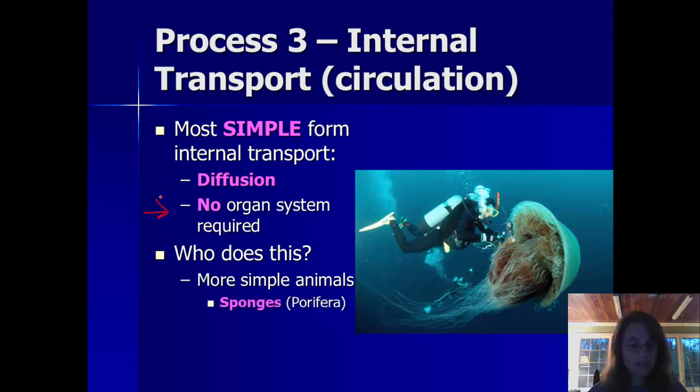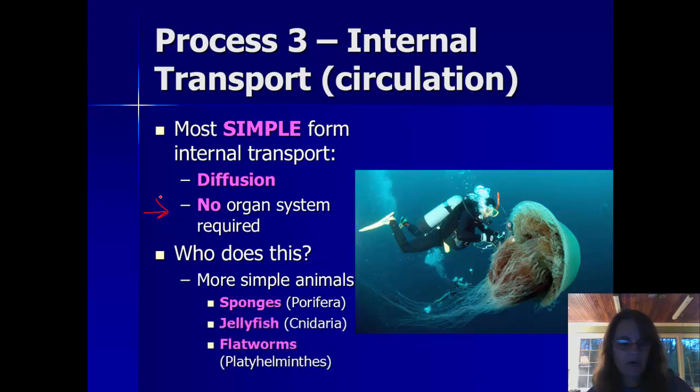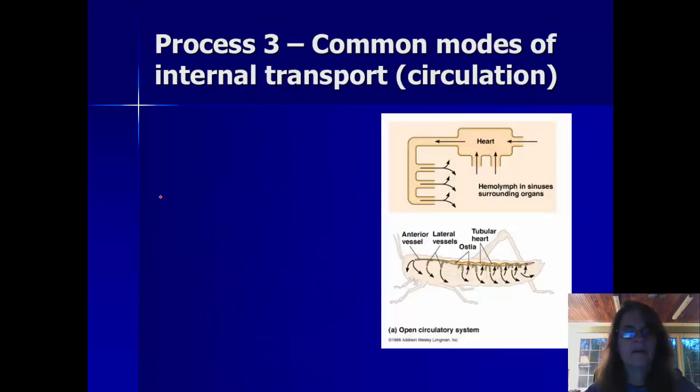Those would include sponges, jellyfish like you see in this picture, and flatworms, with exceptions that we see of some animals, like certain sponges can get very, very large, and obviously this jellyfish can get large. Usually what we think of organisms that can do this tend to be on the small side, but certainly that's not a rule that's hard and fast, okay? Just because, diffusion is not terribly efficient.